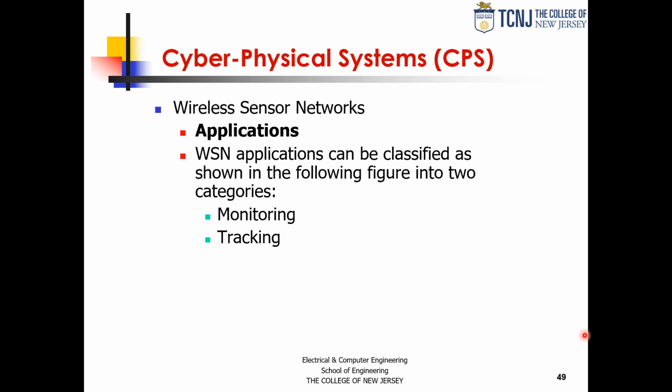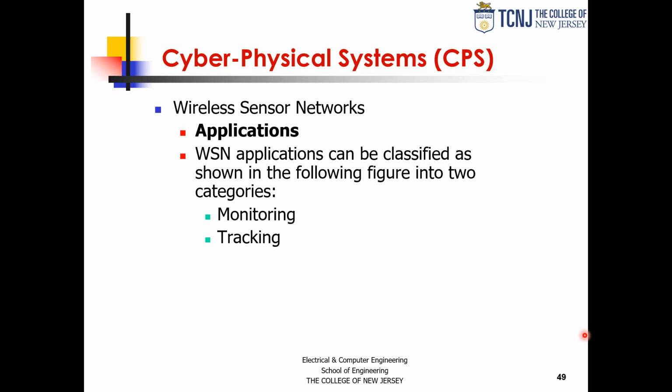From an application perspective, wireless sensor networks can be classified in two groups as they are being used today, but there are a lot more applications that I'm sure can be found. One is monitoring and one is tracking. Tracking refers to the ability to know where something is. So you can have a sensor that aids you with the tracking of some asset or some type of equipment.